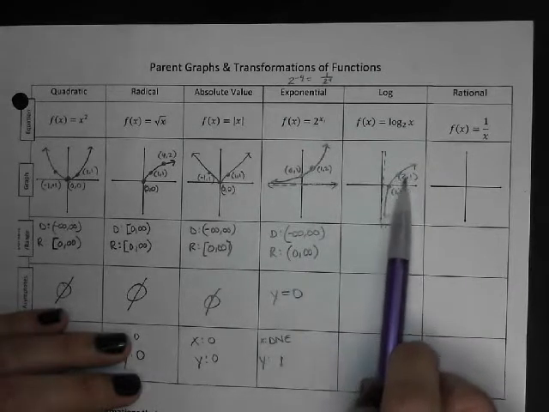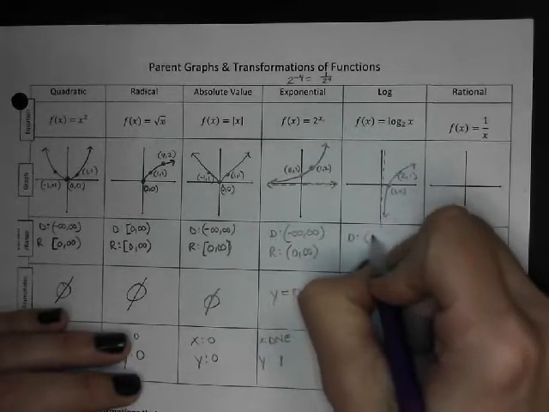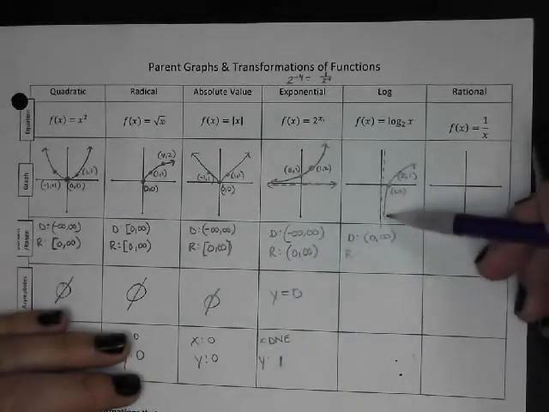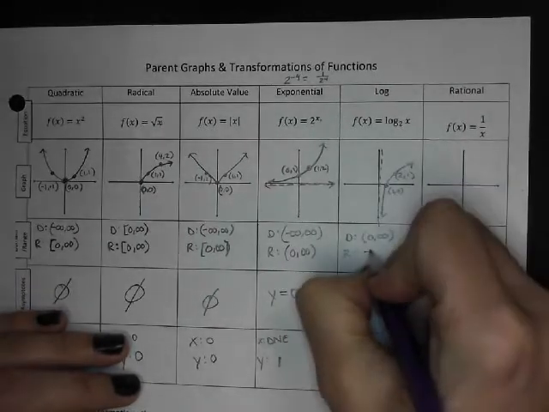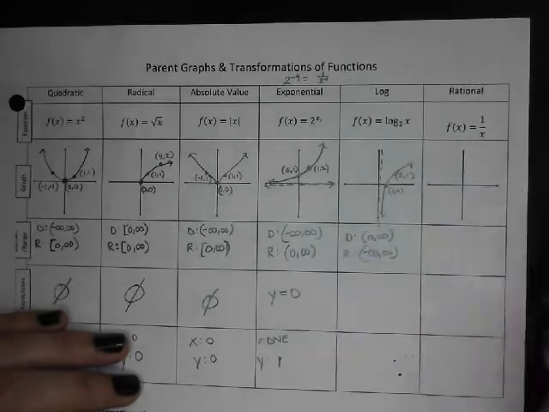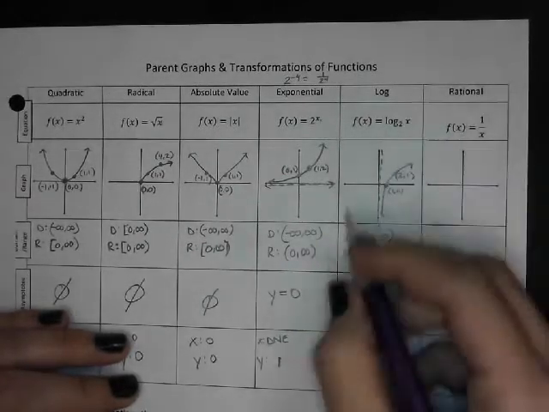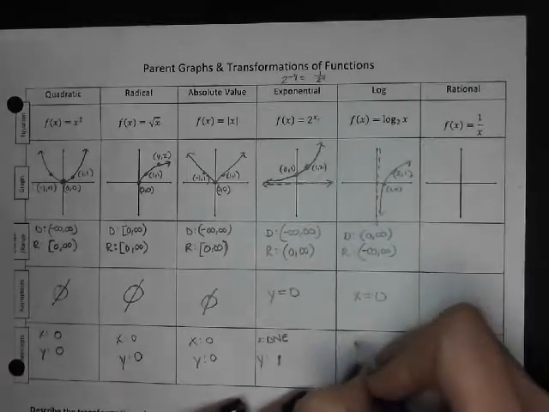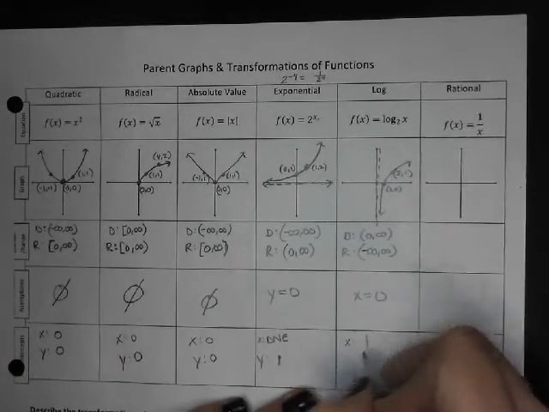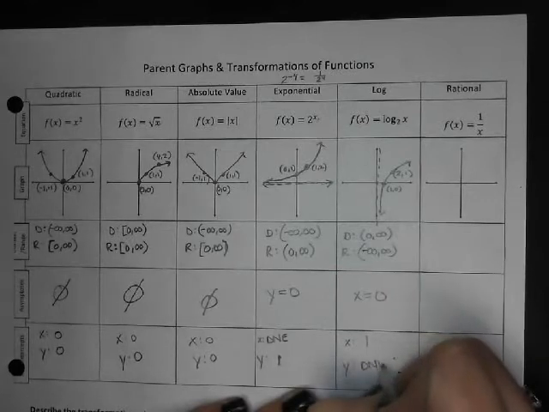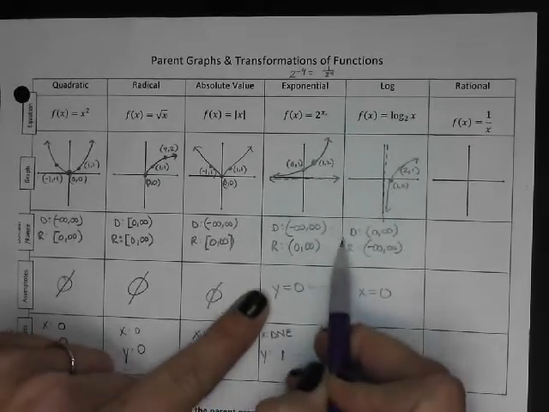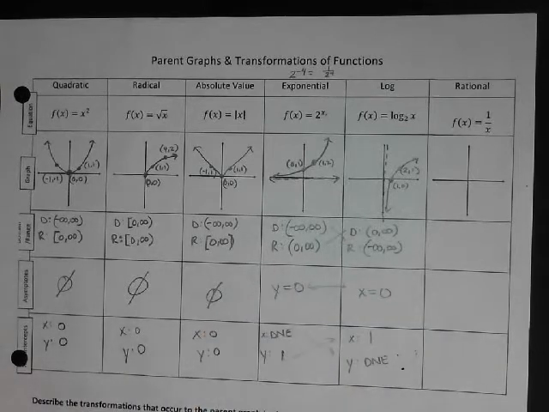You see that? All your x's are greater than 0. So your domain is from 0 to infinity, not including 0. And your range, you can get anything from negative infinity to positive infinity. Your asymptote is the y-axis, which is the equation x equals 0. And your x-intercept is 1. Your y-intercept does not exist. Everything flip-flops because these are inverses.